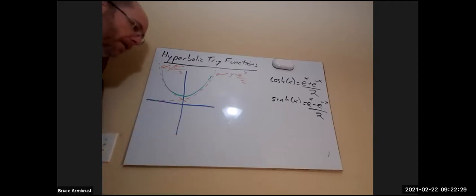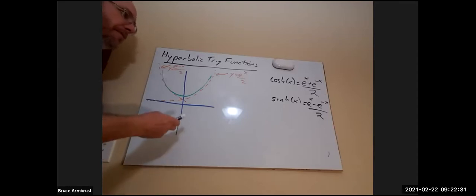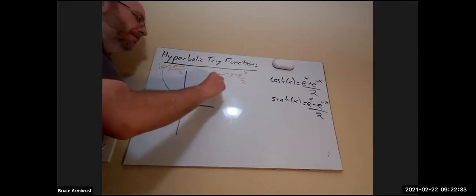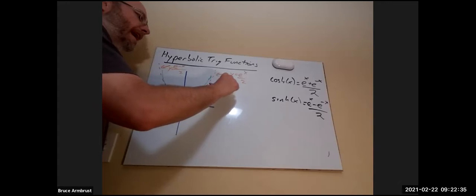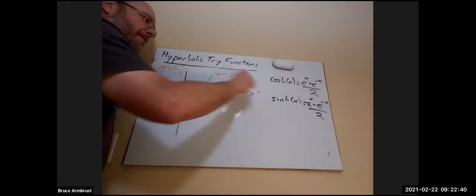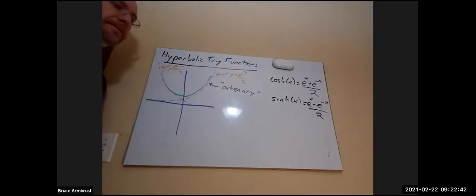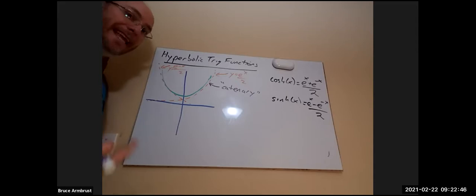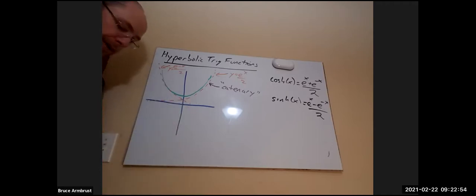We do have a name for this shape. We call this a catenary. So that's the actual name for that, right? Like a parabola is the shape for an x squared. Well, catenary is a shape for a cosh.